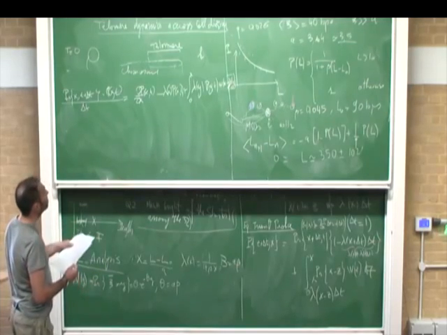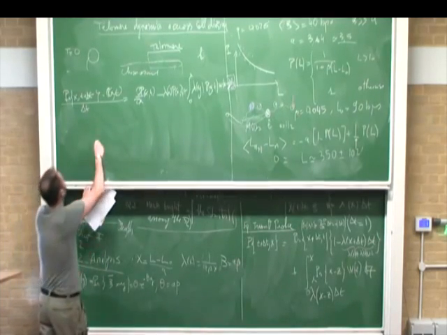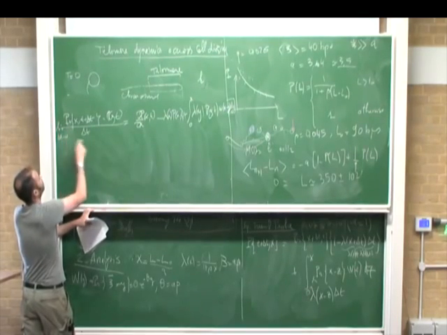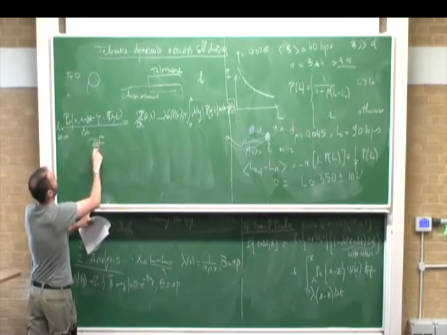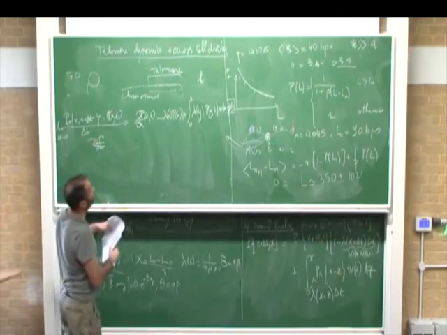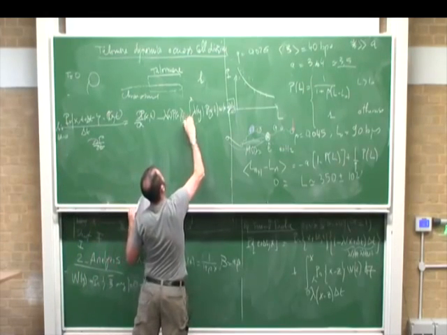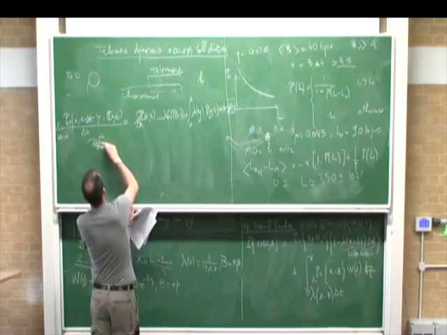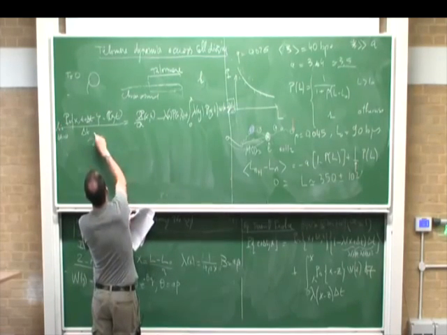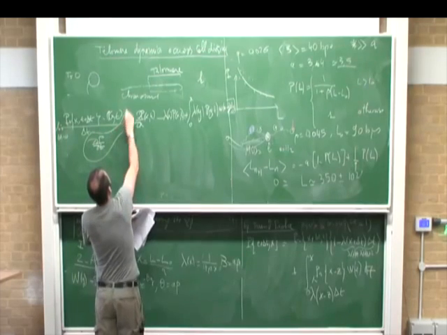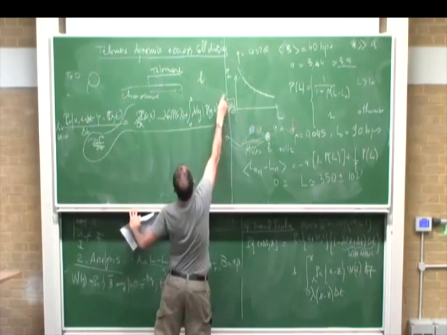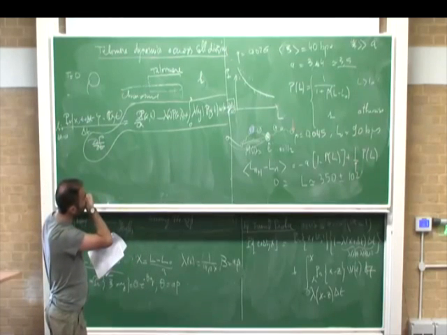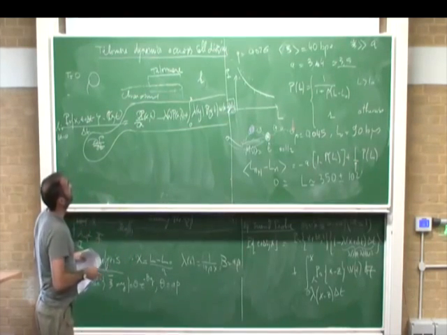Okay, so when delta t goes to 0, this is exactly the limit of this. When delta t goes to 0, this is exactly dp dt. So you get what is called a partial integro-differential equation.